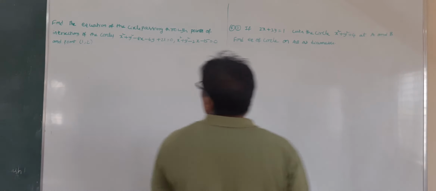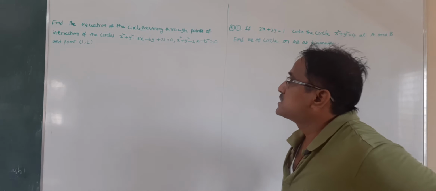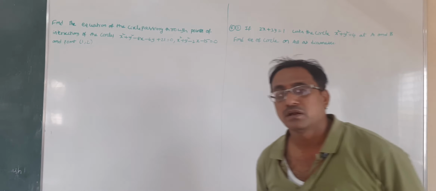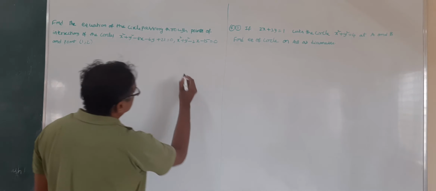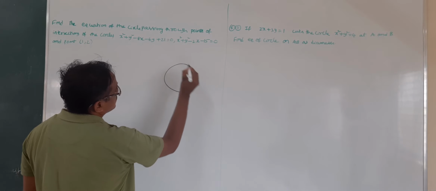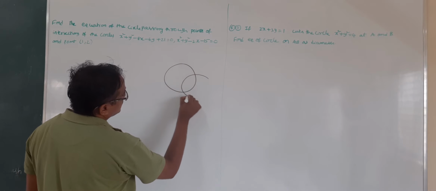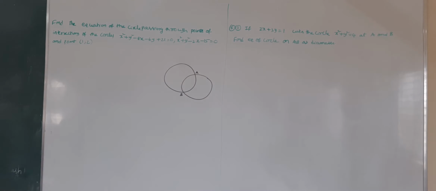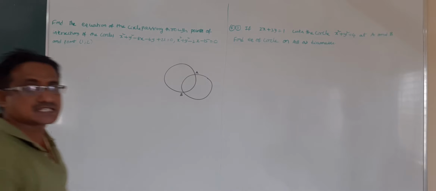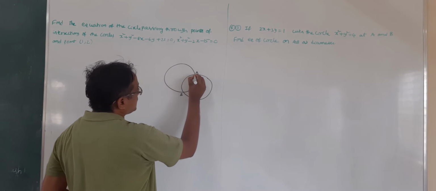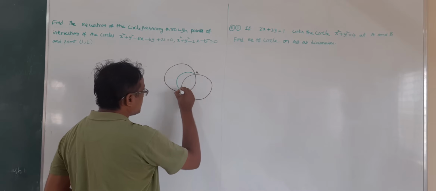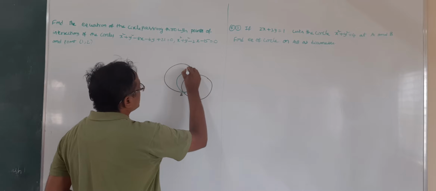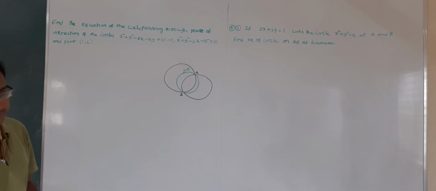Next problem. Find the equation of the circle passing through the intersections of the circles and the point (1, 2). You can imagine the circles like this. Now these two circles are intersecting at A and B. Now you have to find a circle passing through these two intersections like this, and a particular point (1, 2).